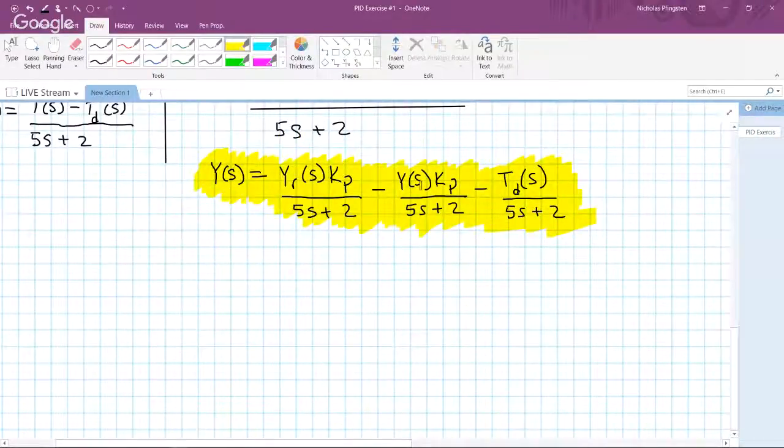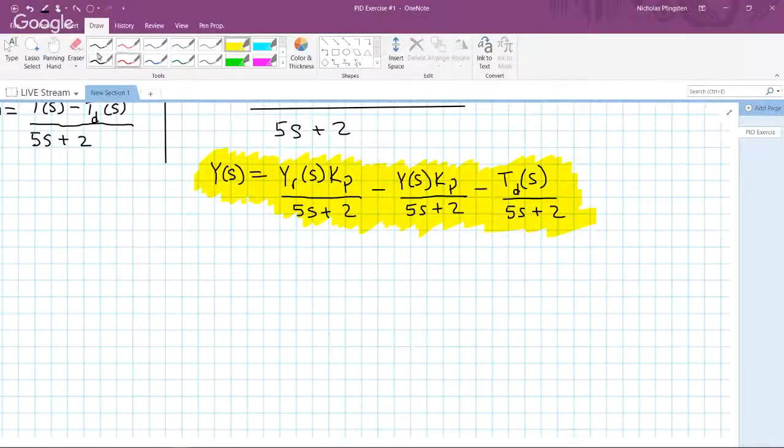You have your disturbance, you have your proportional controller in there, and then you also have your output and your input. The things that we are ultimately desiring is all present in this piece. So this is a good piece to have. It's not the end piece, though.